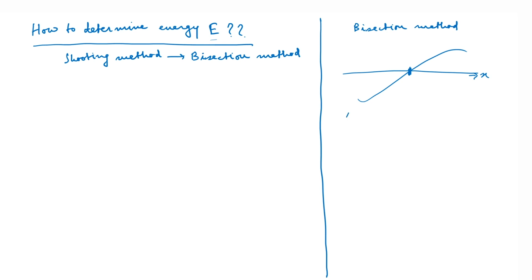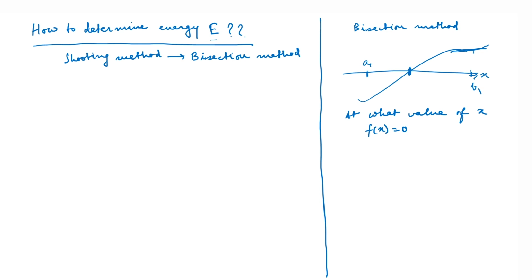So, the question I ask is at what value of x f x is equal to 0. What is typically done is you start from 2 points, say you start from a 1, and this function goes something like this, and you start from another point b 1.